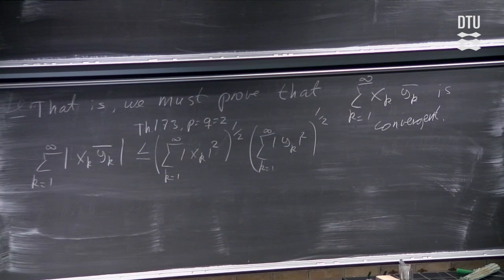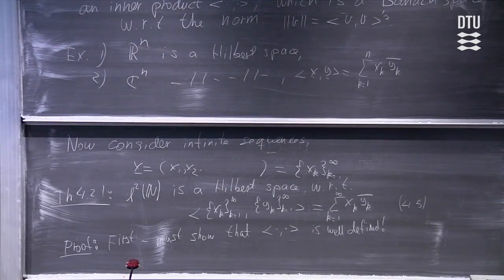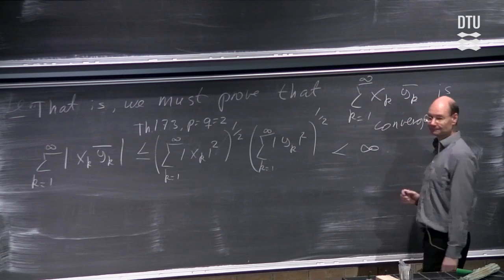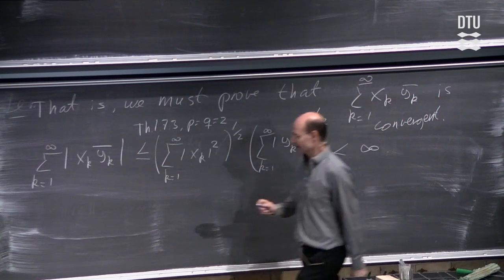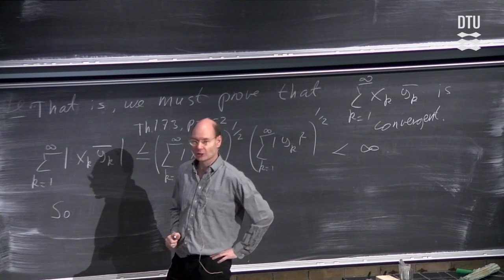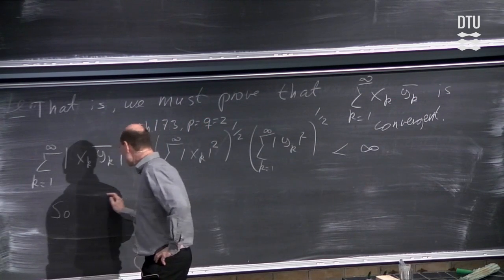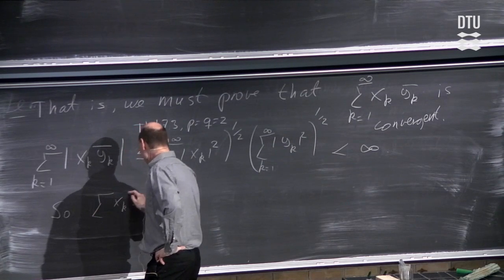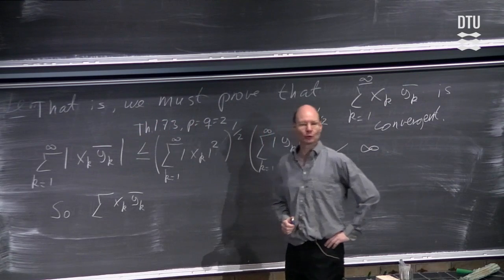And both of these numbers are finite because our sequences belong to L^2. So this is a finite number, this is a finite number, and therefore the product is finite. So what this means is that if you use again the terminology we had from mathematics 2, what it tells us is that the sum x_k, y_k, complex conjugated, is absolutely convergent.